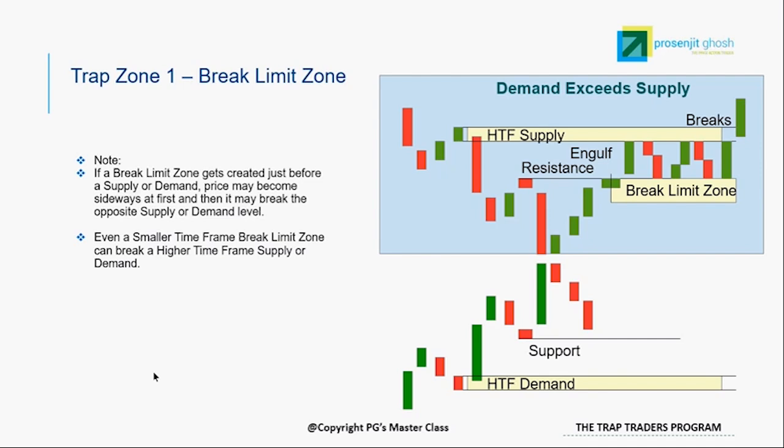So friends, if you have ever traded conventional demand and supply, how many times have you faced that your HTF zone was taken out by a very small rally-base-rally, maybe a 5 minutes rally-base-rally? Price couldn't break it. Have you ever found such a level?